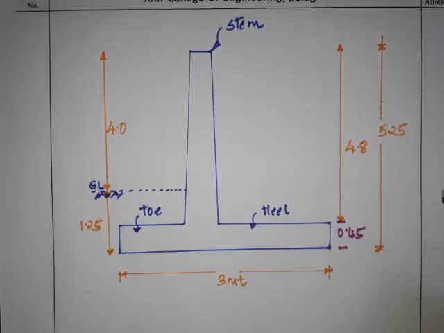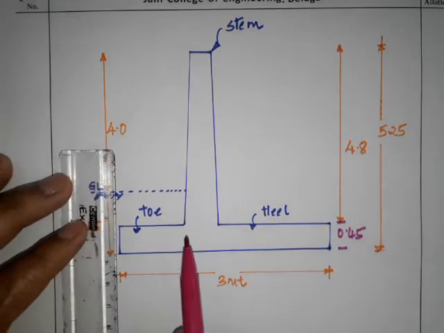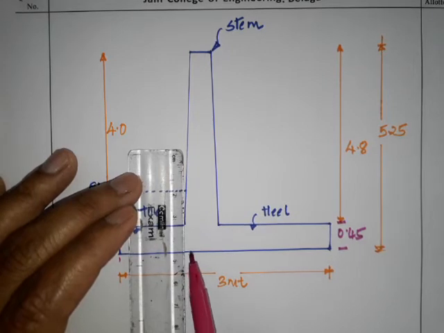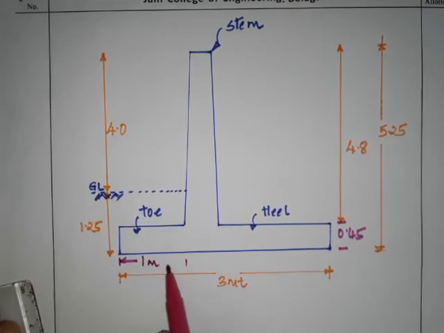Okay. So if from 5.25 I deduct 0.45, we get the height of stem as 4.8 meter. And we have even calculated the projection of toe slab, from here to here, we have calculated already, so we have got this as 1 meter.